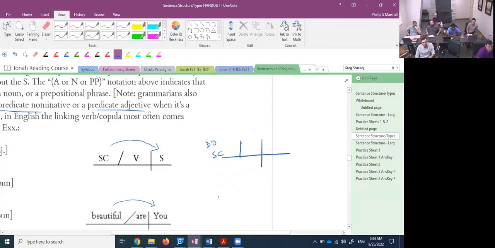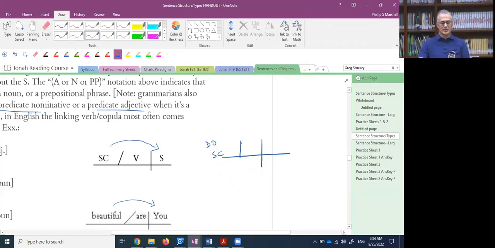Got it. So by slanting a line versus leaving it perpendicular like this, that helps with anticipating what role or function that noun has. Okay, that's great.